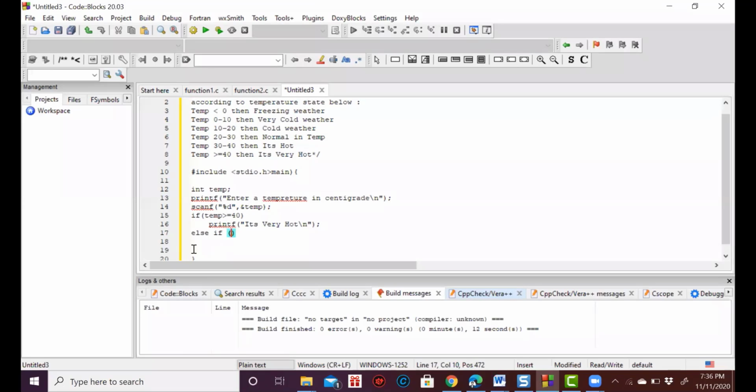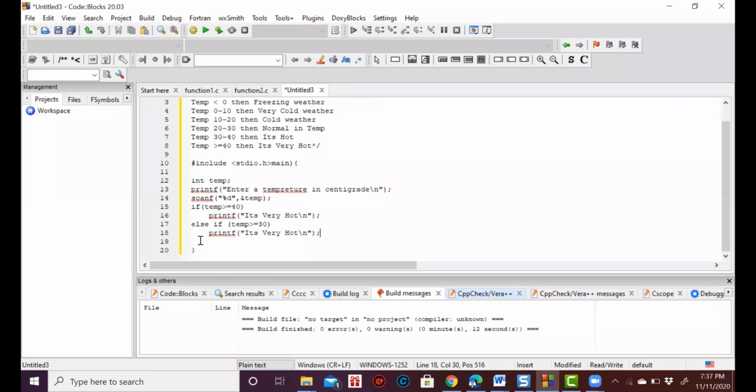Else if temp greater than 30, so 30, we just change 30 here. Then printf hot.